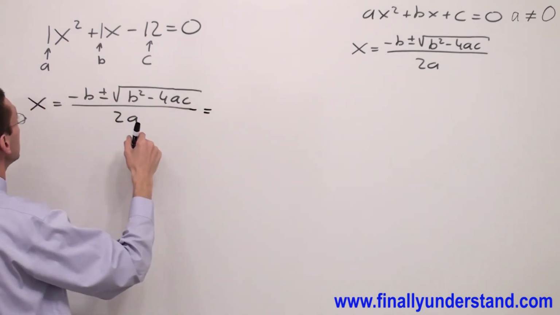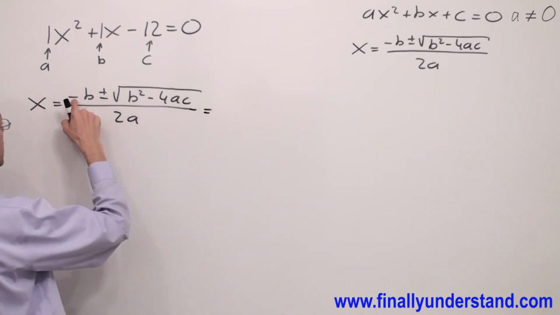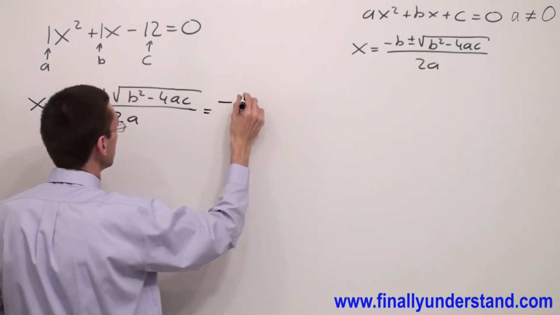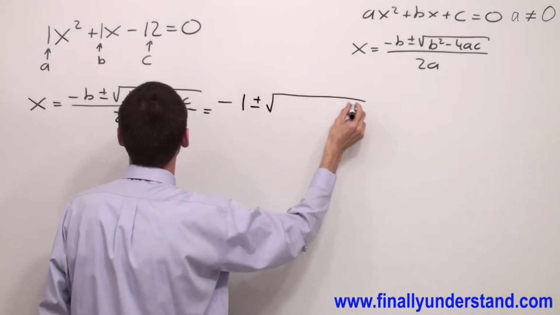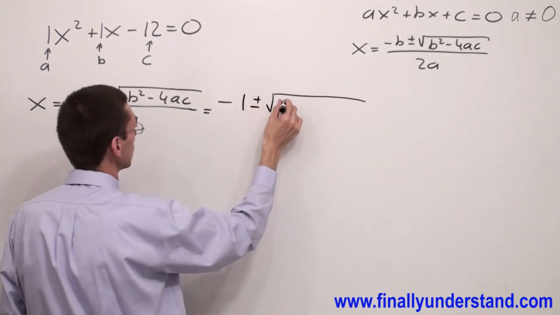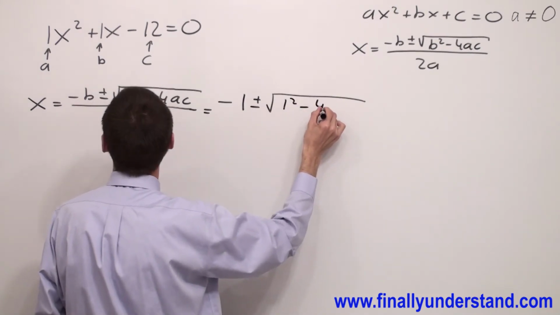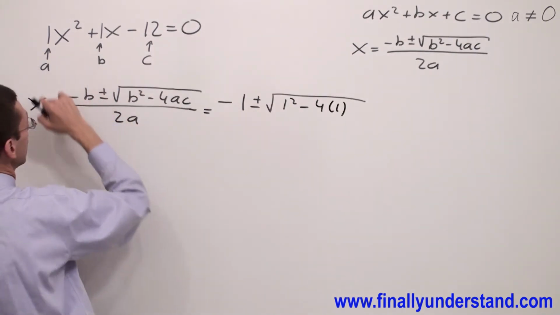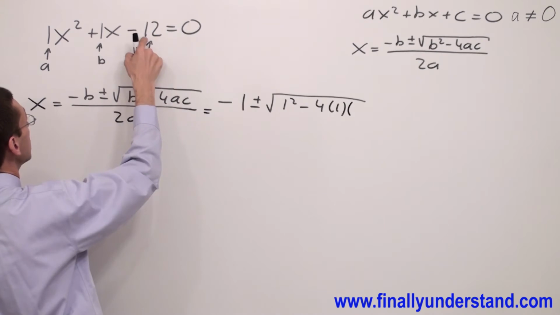Next, plug in the numbers into this formula. So copy down negative, and b is 1, plus or minus the square root, and again b is 1, so I have 1 squared minus 4 times a, which is 1, times c, which is negative 12.